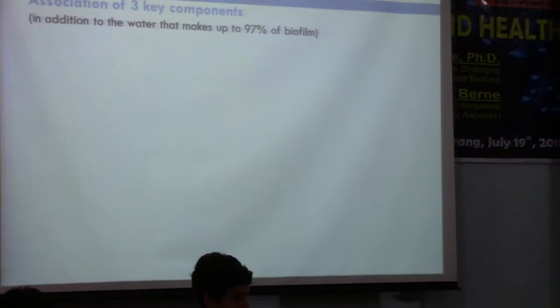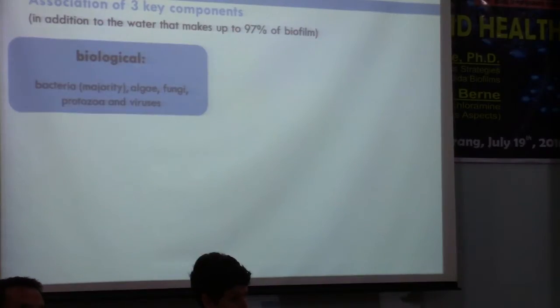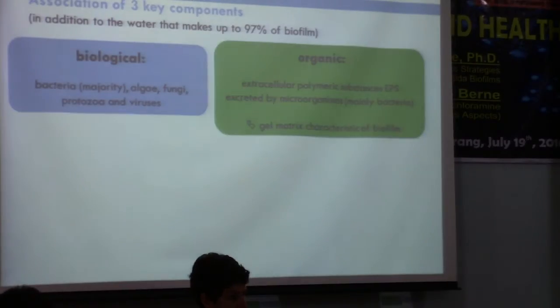There are 3 key components in the biofilm. Of course, the biological one with the bacteria, protozoa, viruses, algae, fungi. And there is another component which is the organic one with the EPS, the extracellular polymeric substances excreted directly by the microorganisms, mainly composed of proteins and polysaccharides, and which constitute the gel matrix of the biofilm.